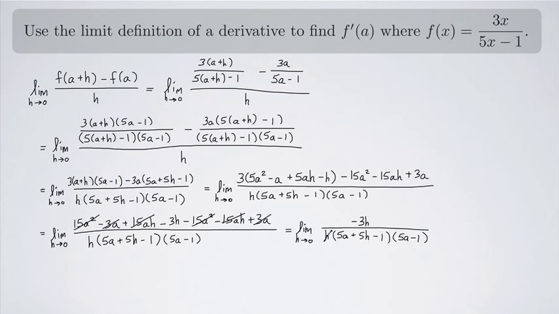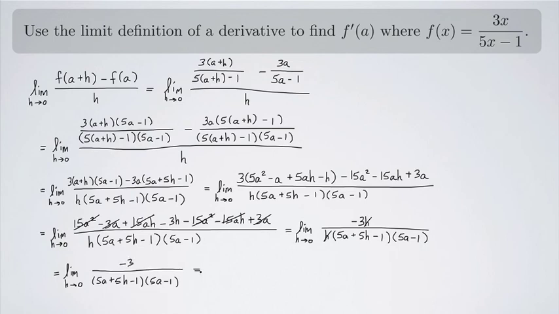So this h and this h, gone. And so we have the limit as h approaches 0 of, on the bottom, I just have 5a plus 5h minus 1 times 5a minus 1. And on the top, I just have negative 3.